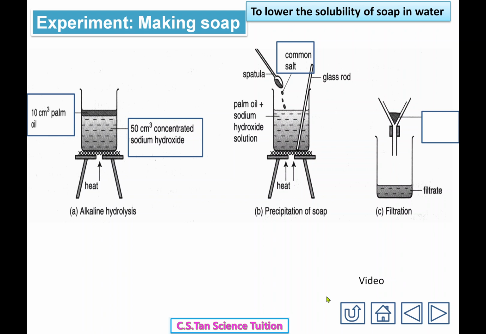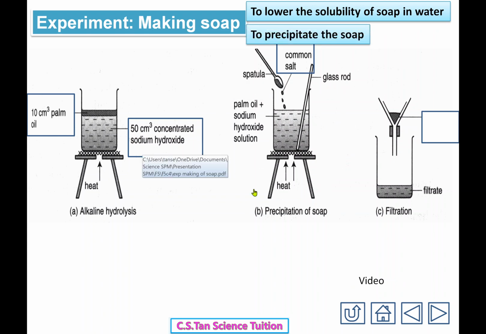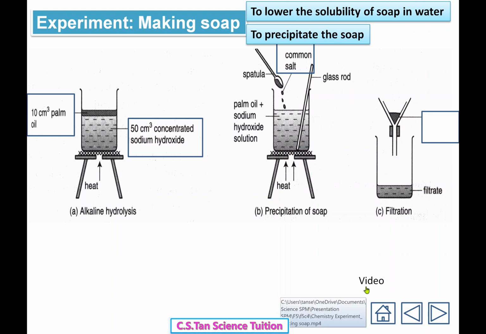Finally, it will be inside your beaker. To get your soap, simple, prepare a piece of filter paper, and you use the process called filtration. So now filter up the soap.